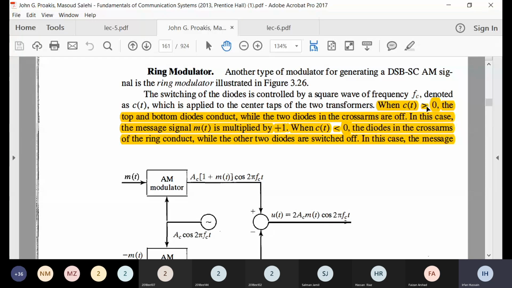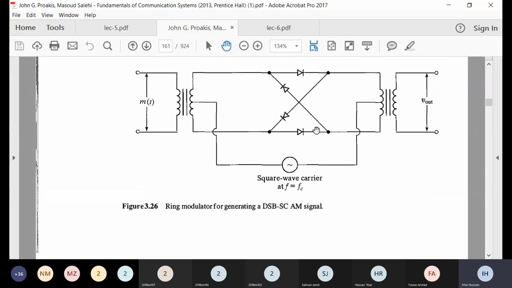Once c(t) is greater than 0, this is positive, this is negative. So this diode and this diode will conduct, while the other two diodes will not conduct, because they are more positive with respect to this side. These cross-arm diodes will not conduct, only the upper and the lower will conduct.